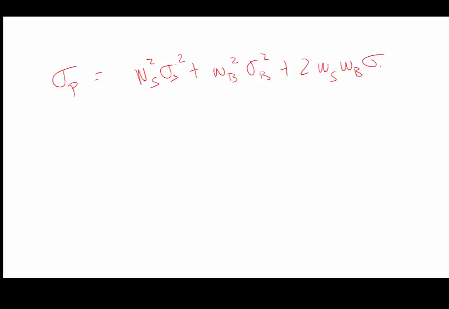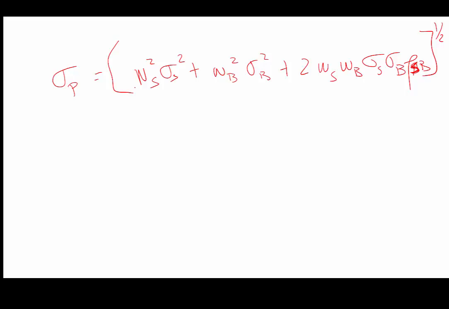In your 3318 class, you told me that you calculated the standard deviation of the portfolio as the weight of S, that was stocks, squared times the variance of S, plus the weight of bonds squared times the variance of bonds, plus 2 times the weight of S times the weight of B times the standard deviation of S times the standard deviation of B times the correlation coefficient between S and B, and you take the square root of that to get the standard deviation. That's what you told me you did in 3318.